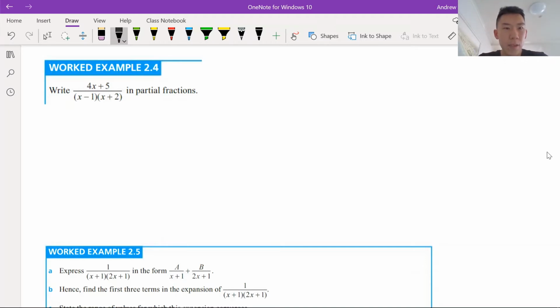So worked example 2.4, write (4x + 5) over (x - 1)(x + 2) in partial fractions. Okay, so our denominator is a product.